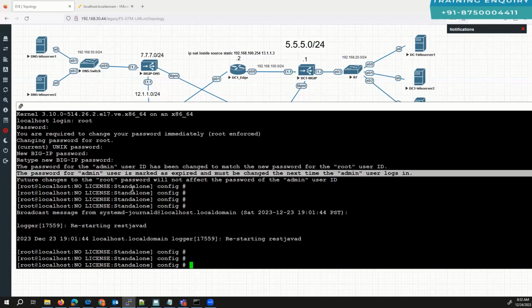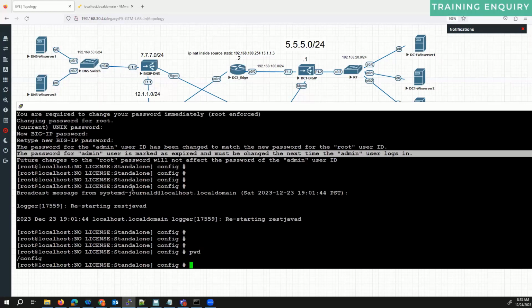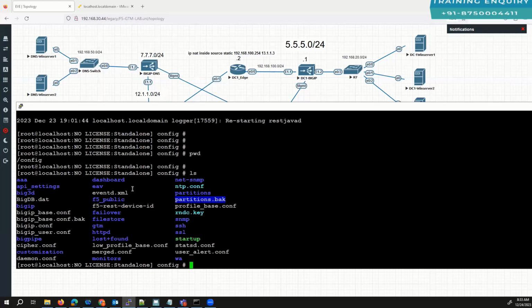So thereafter, once you are done, currently you're in bash mode. If you say pwd, you are inside config. And this is called bash mode, or I would say you are inside the Linux mode. So all you can execute here are Linux commands. So pwd, ls, whatever commands you know about Linux, you can execute those commands over here.